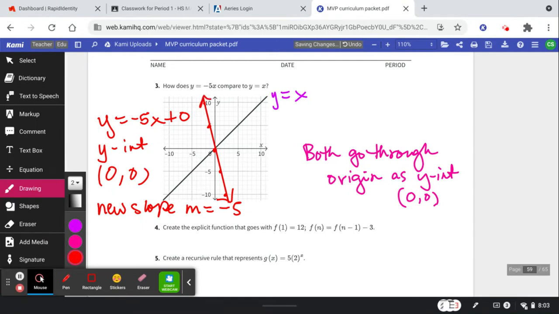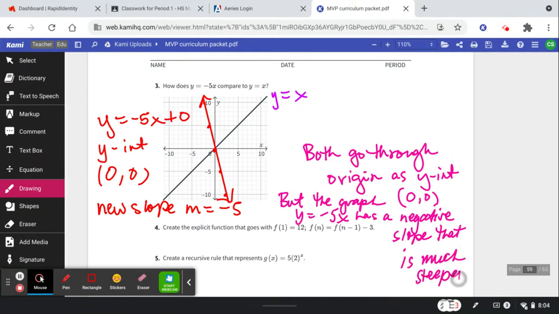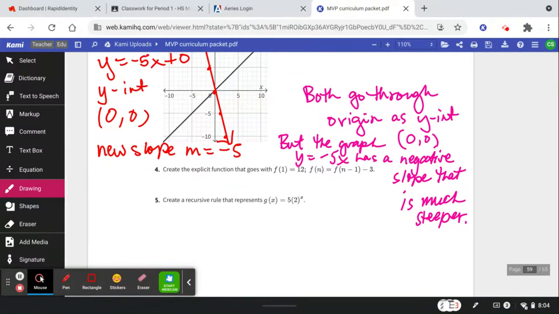Okay, so what is the same, what is different? Both go through the origin, but the graph of y equals negative 5x has a negative slope that is much steeper than our original graph. It's going down 5 over 1.